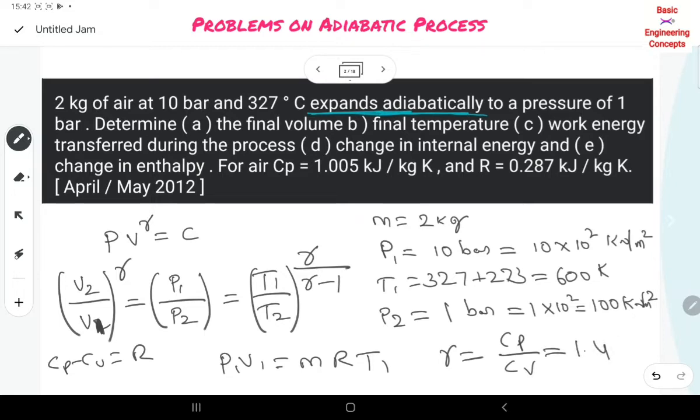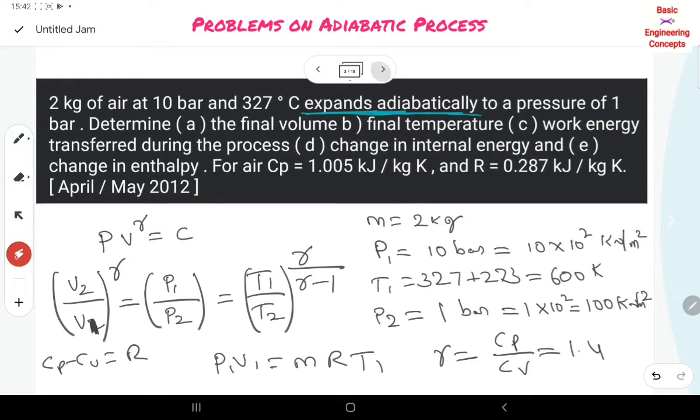Next, you should plan. The first one is the final volume, which we can calculate here. The second one is the final temperature. The third one is the work energy. What is the work energy? That is work energy W equal to P1 V1 minus P2 V2 by gamma minus 1. The fourth one is the change in internal energy.